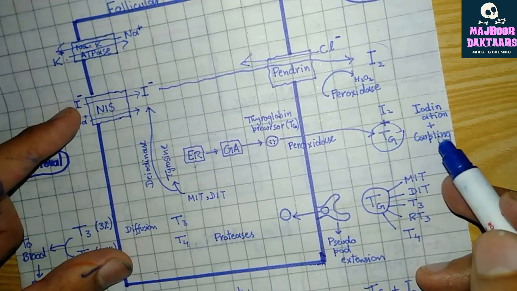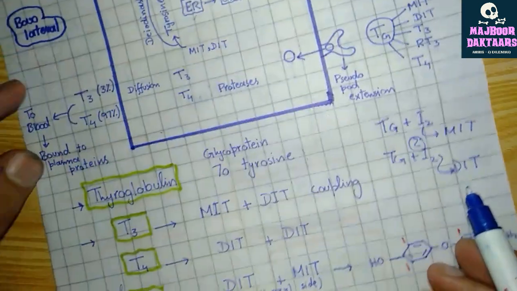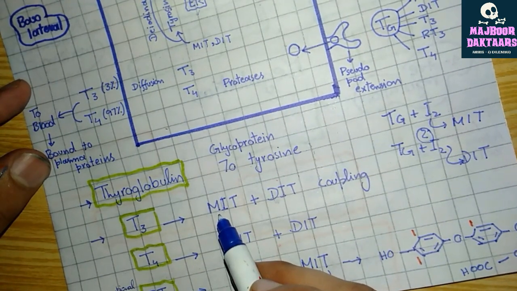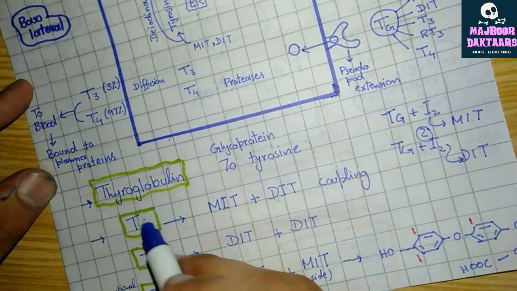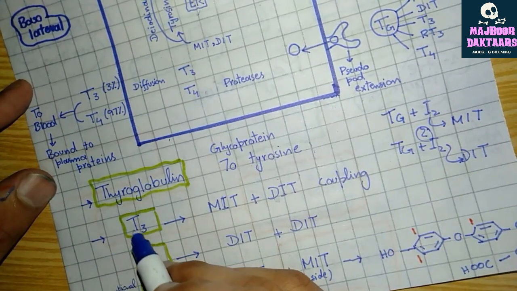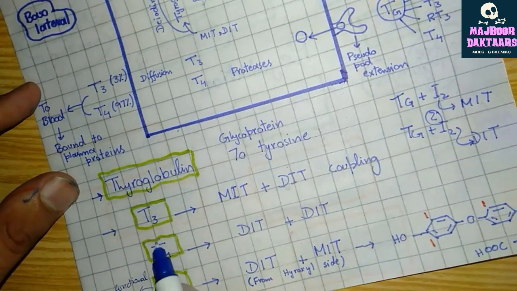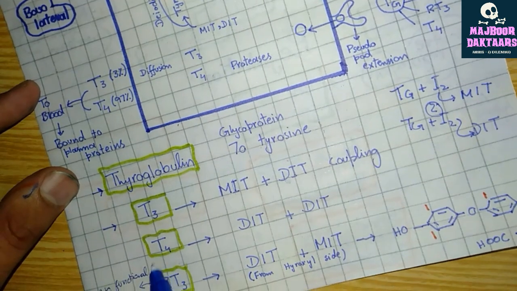Then coupling occurs. Coupling means the combining of these thyroiodine residues. When one monoiodothyronine attaches with the diiodothyronine, the hormone triiodothyronine is formed. When 2 diiodothyronine couple, a hormone called tetraiodothyronine, also known as thyroxine, is formed.